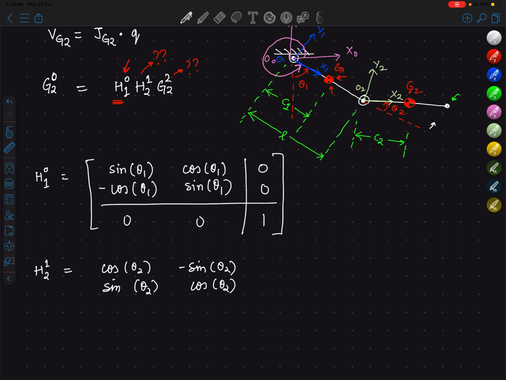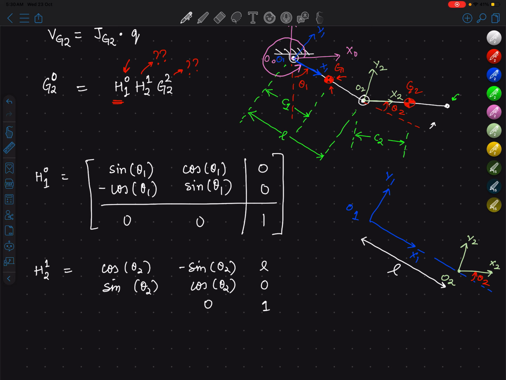If I draw the diagram separately, this is my first frame, x1, y1, and this is my second frame, x2, y2, o2, and this is theta 2, and this length is the link length L. So the displacement can be written as L, 0.